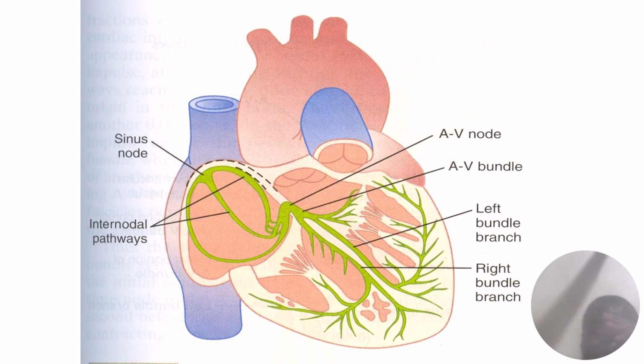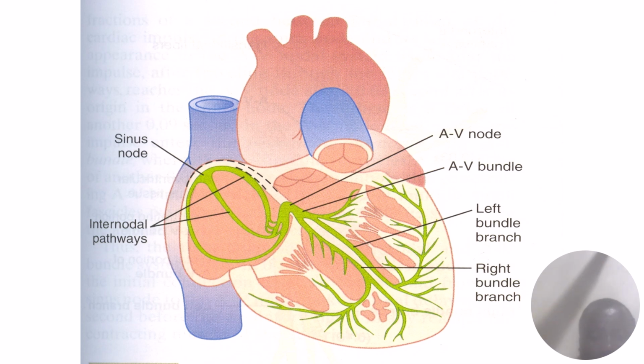The SA node, or the pacemaker cells, are found in the atria, and then we have the AV node, which is closer to the left atrium. Between the SA node and the AV node, we have internodal pathways that connect these two. They are also autorhythmic cells.